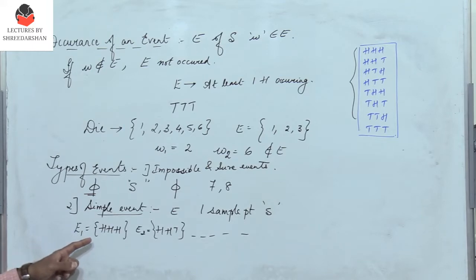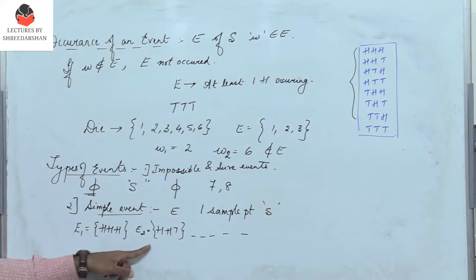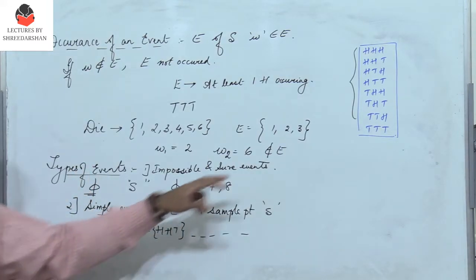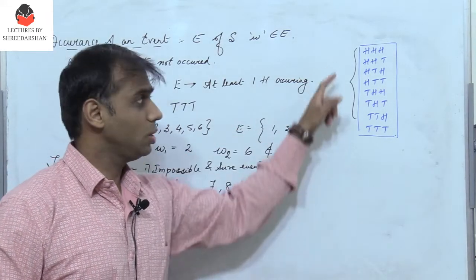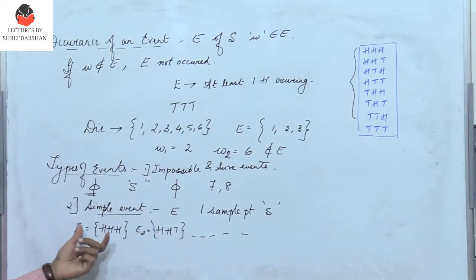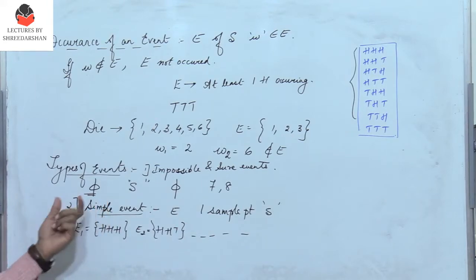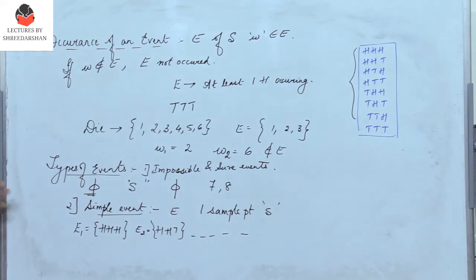We realize that all these events have only one sample point of the sample space. Therefore, such an event is referred to as a simple event, or also an elementary event.